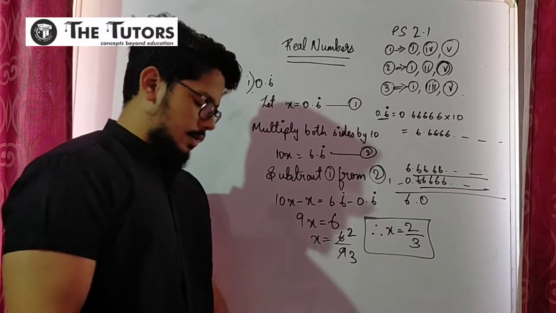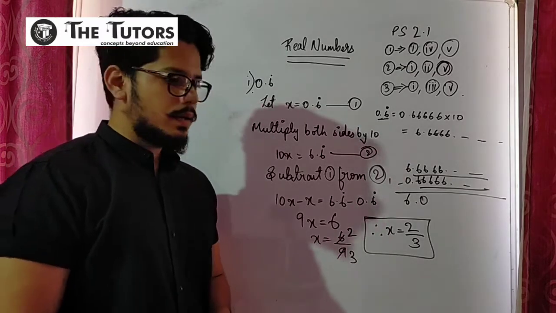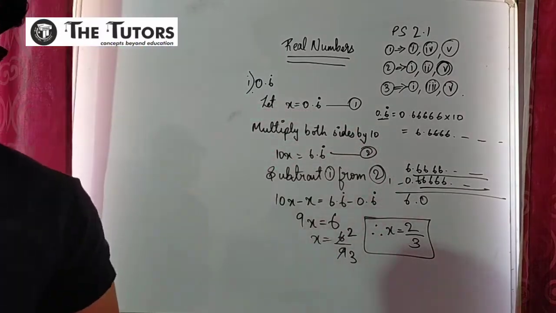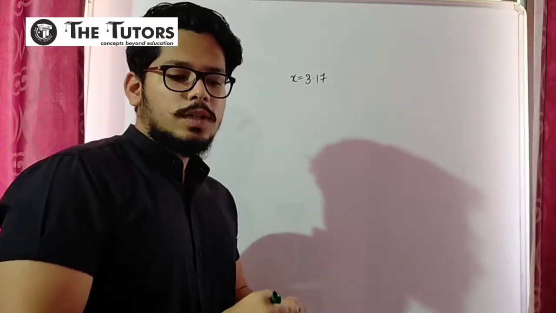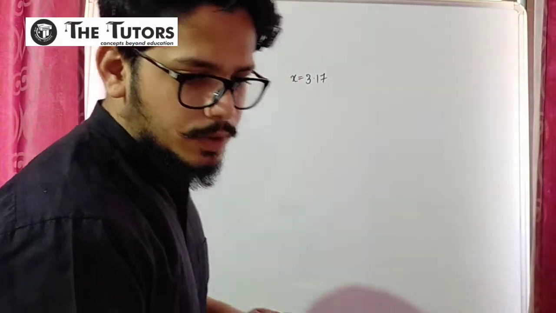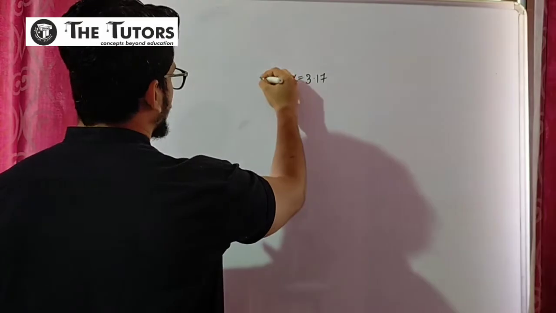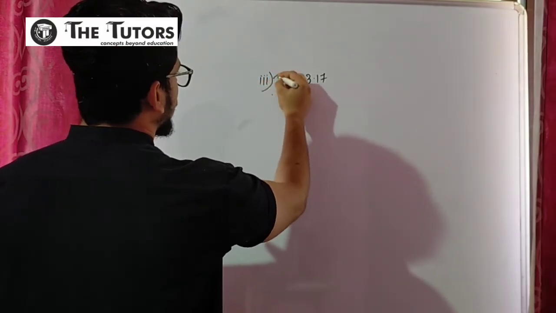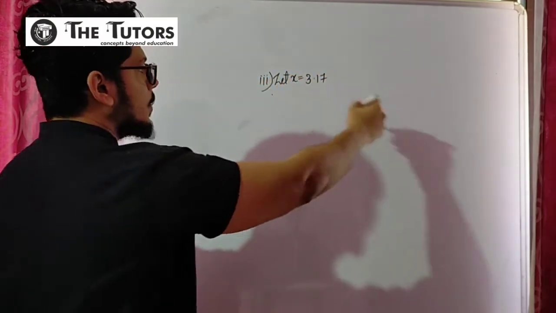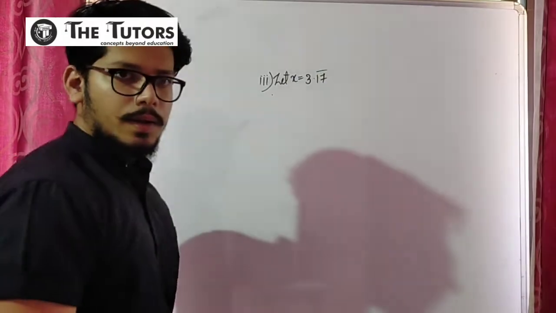Let's take the next sum. Take a good look at this one. So the next sum is your third sum, 3.17 bar. You take let x is equal to 3.17 bar.